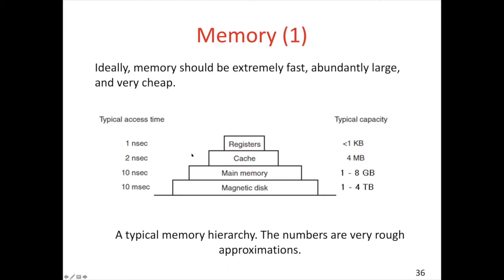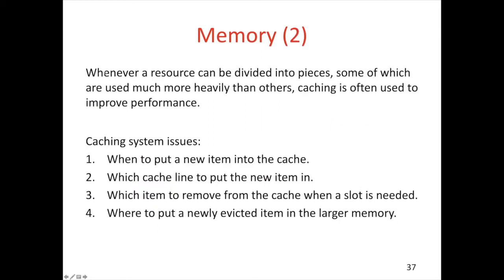The main memory has typical access time 10 nanoseconds and typical capacity 1 to 8 gigabytes. A magnetic disk, this is hard disk, has a typical access time 10 milliseconds and typical capacity is 1 to 4 terabytes.